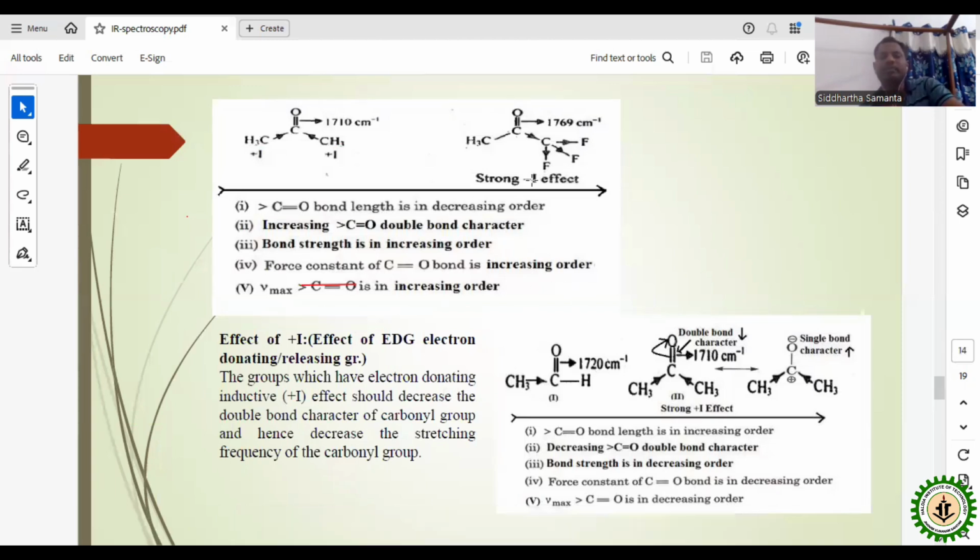If we attach some fluorine atom, CF3, it increases from 1720 to 1769 centimeter inverse. So minus I effect group increases CO stretching frequency, whereas plus I effect group decreases CO stretching. So electron donating group reduces the CO stretching.